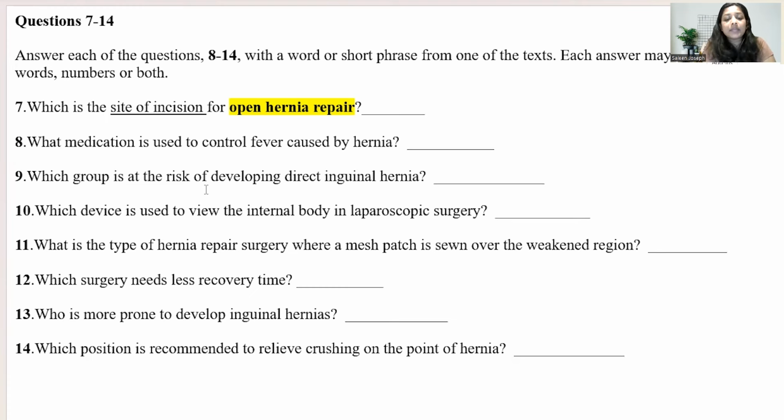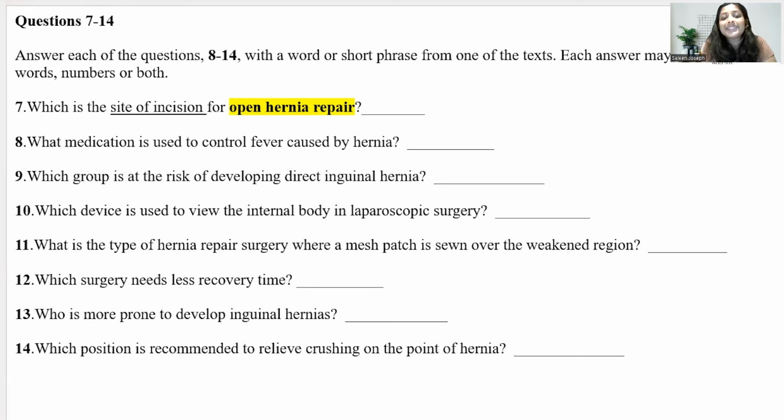Done? Okay. Now one by one we will check.